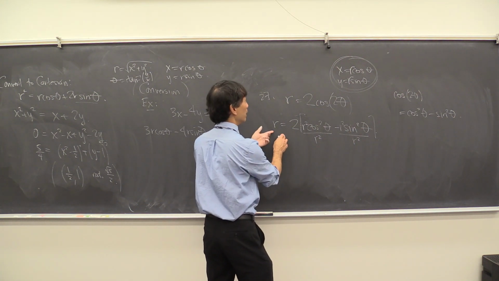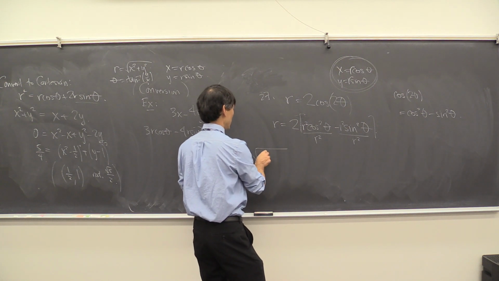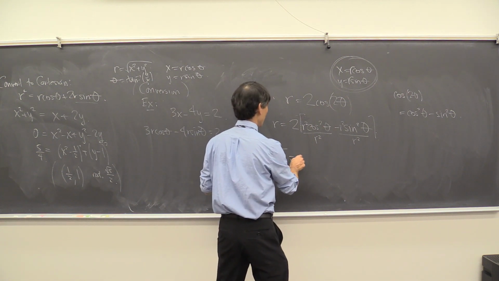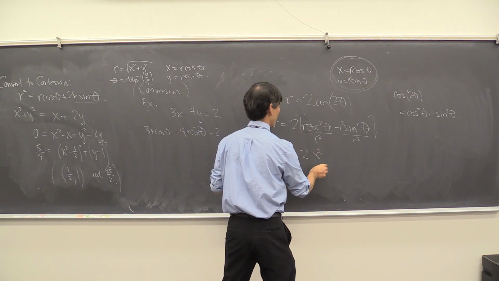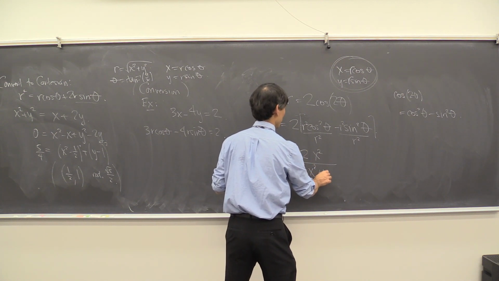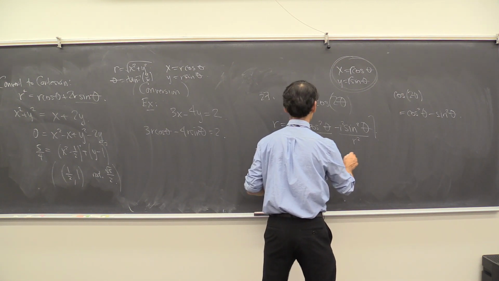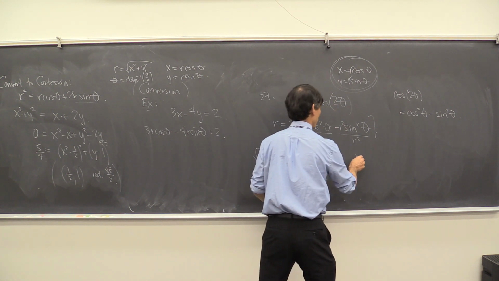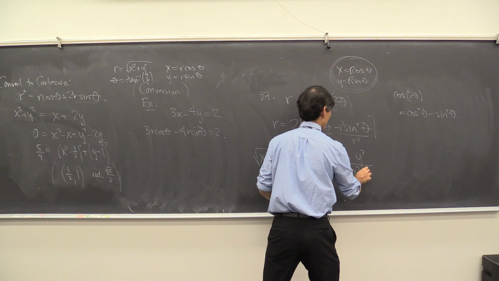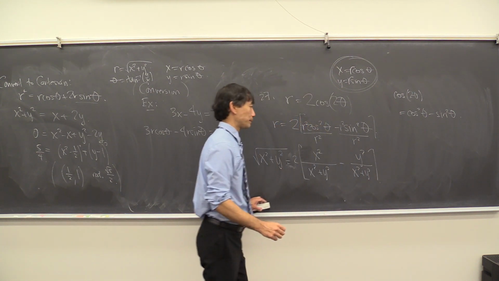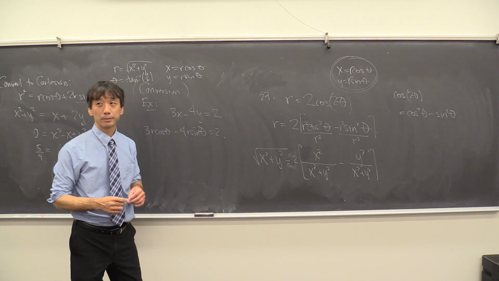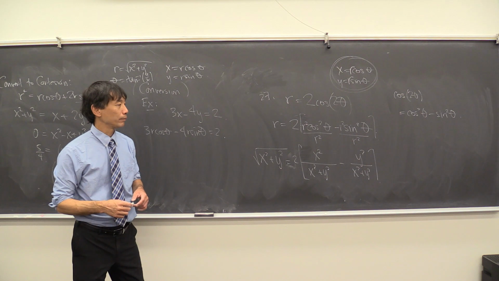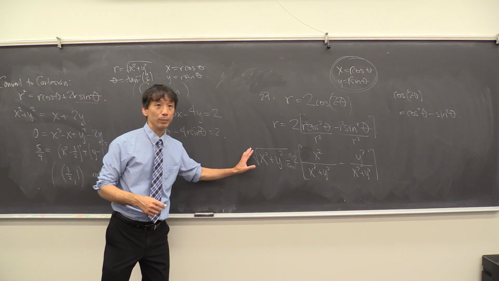So what this equation turns out to be is the square root of x squared plus y squared equals 2x squared over x squared plus y squared minus y squared over x squared plus y squared. And that would be the end of it.